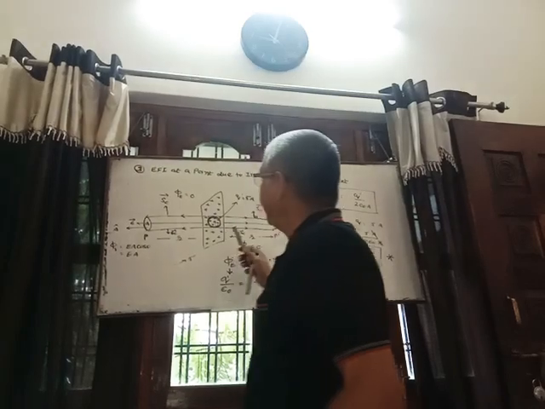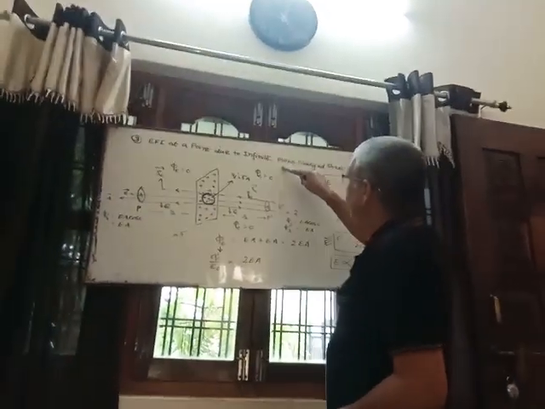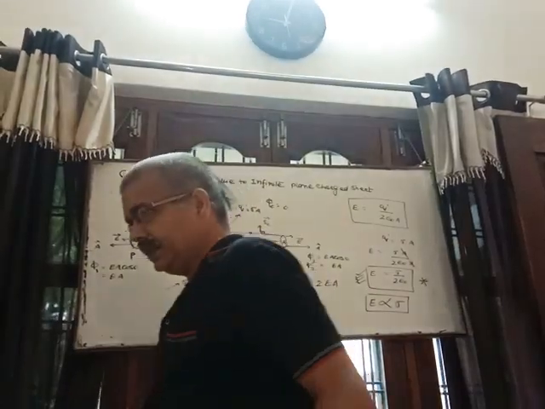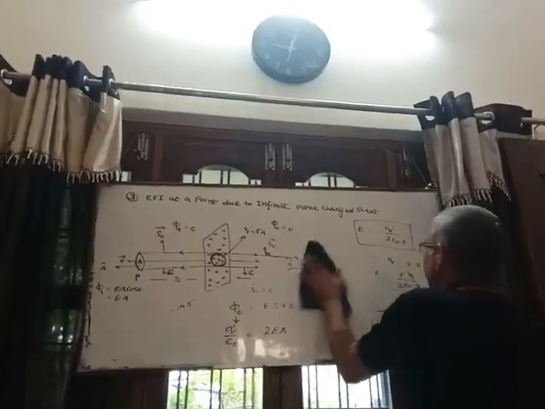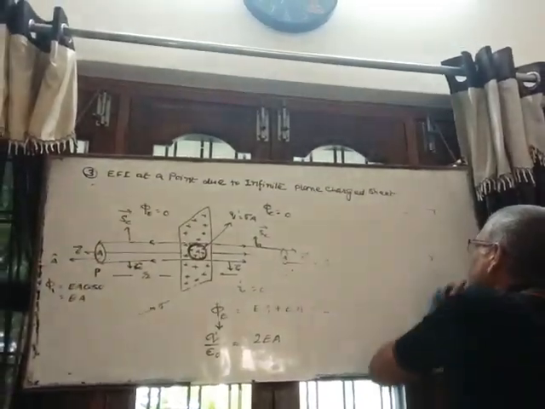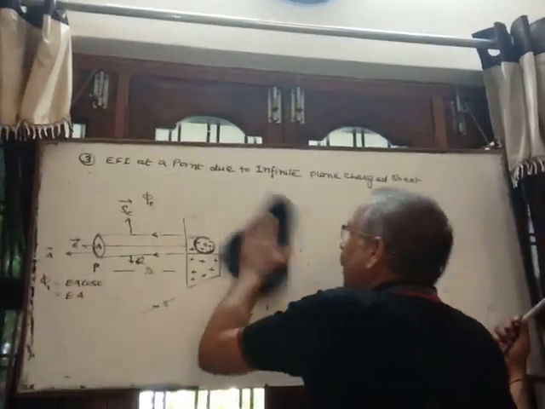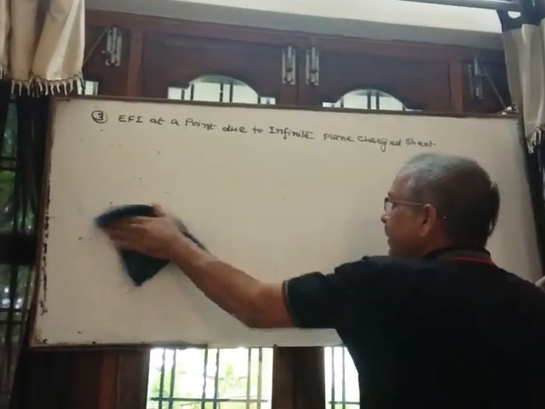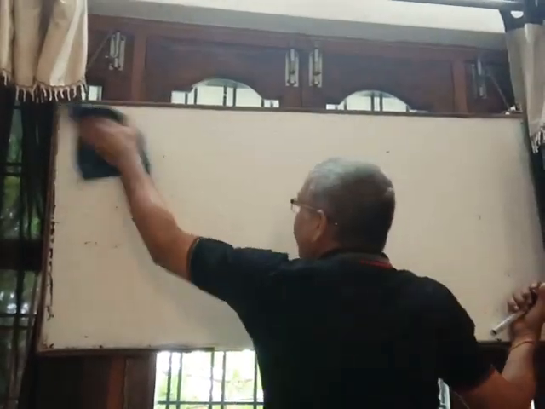Now the application of electric field intensity due to an infinite plane sheet. This is the second case, or you can say second application. So let's see. If we have two plane sheets kept parallel to each other, what is the electric field intensity at different regions?